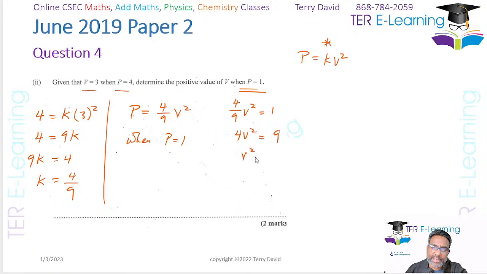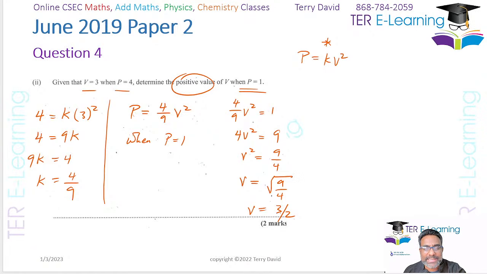So v squared is 9 over 4. So v is equal to the square root of 9 over 4. So therefore v is equal to 3 over 2. Now they said the positive value, and the reason why they said that is every time you find the square root of a number, there are actually two solutions, right? So in this case here, the answer is simply going to be 3 over 2.